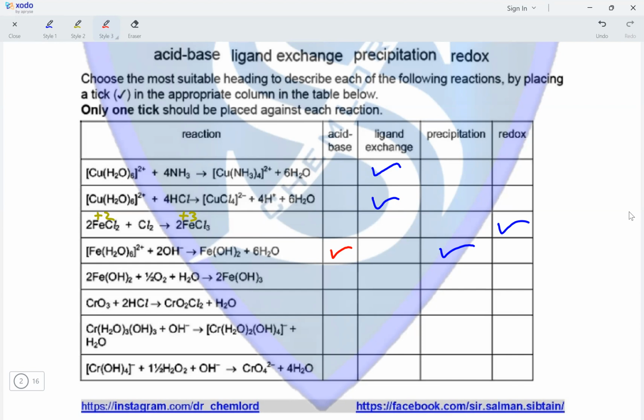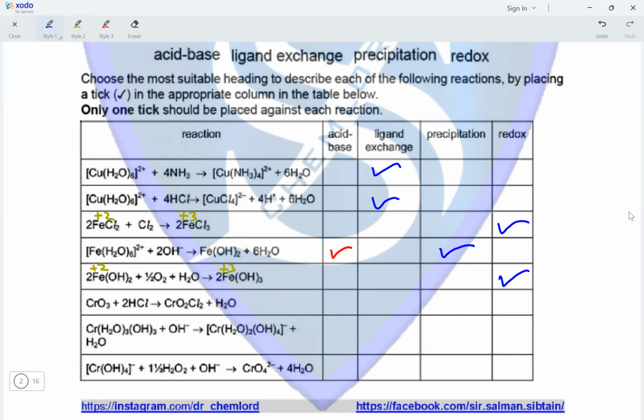We do not have an acid-base reaction taking place because there is no acid or base involved. And we have 2 hydroxide ions in the reactant attached to iron and 3 in the product side, which means the charge on Fe on the reactant side is +2 and +3 on the product side, which means this is an example of a redox reaction.